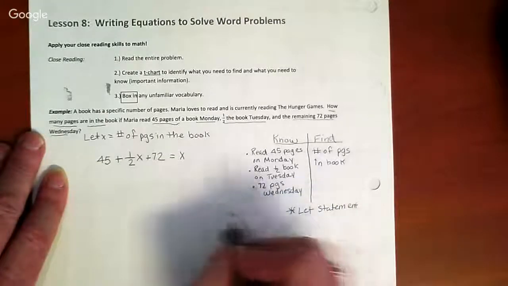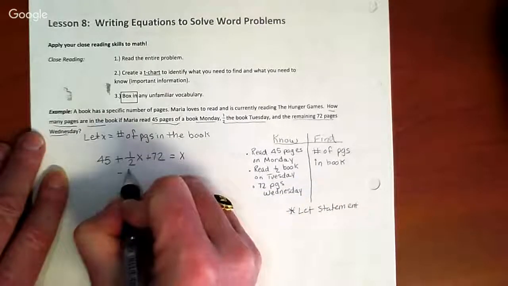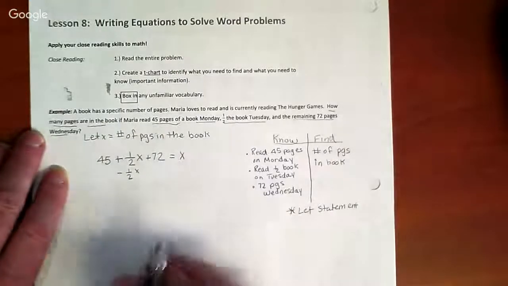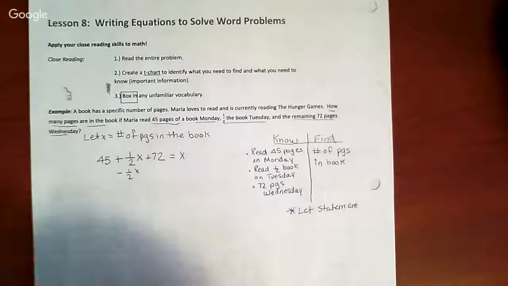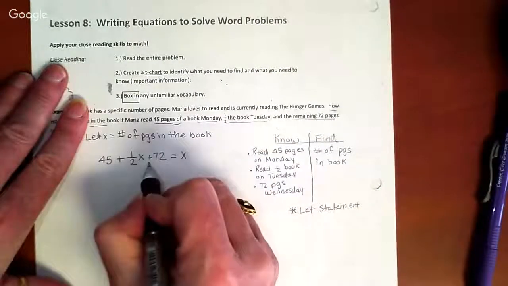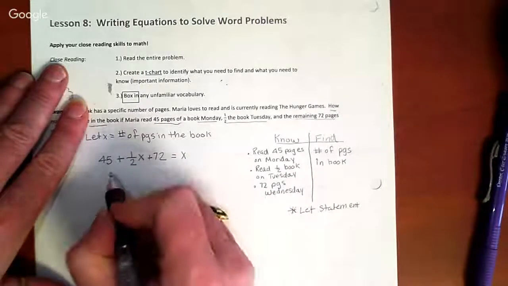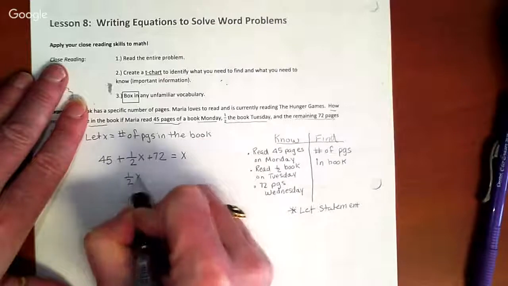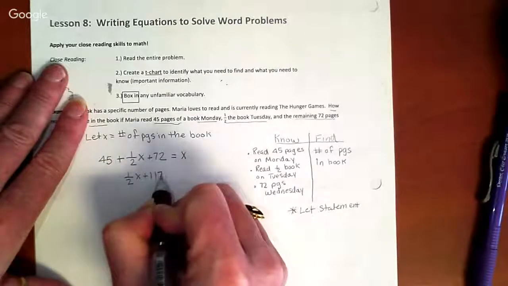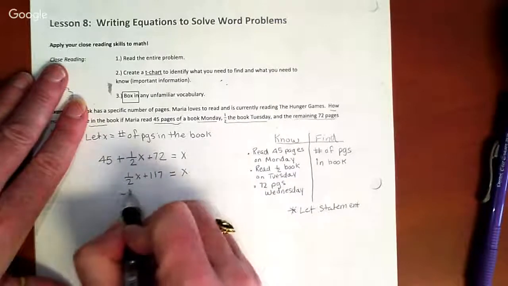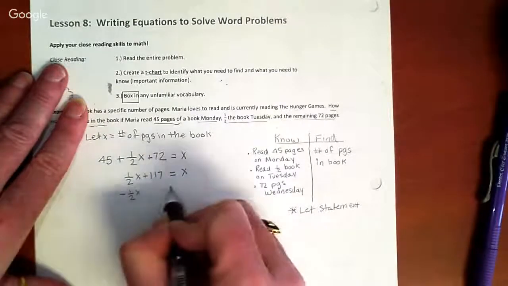So now if I subtract 1/2 x from both sides, oh, before I do that, I need to combine my like terms, sorry. I need to combine my like terms on this one side. So 72 plus 45 is 117, so 1/2 x plus 117 equals x. So I'm going to subtract 1/2 x from both sides.